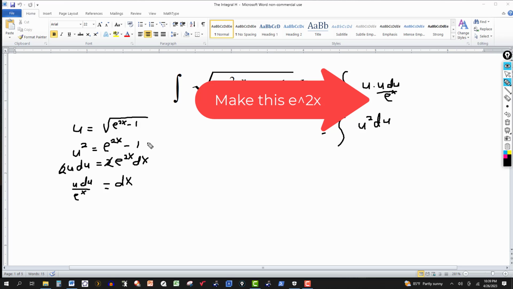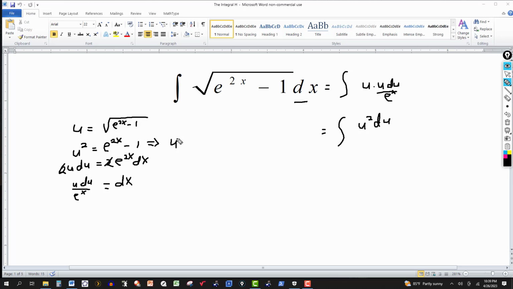So from this equation right here, adding 1 to both sides, we get u squared plus 1, and the plus 1 cancels the negative 1, so another way to write e to the 2x is u squared plus 1. So then this will be u squared plus 1. Now we've got everything in terms of u.